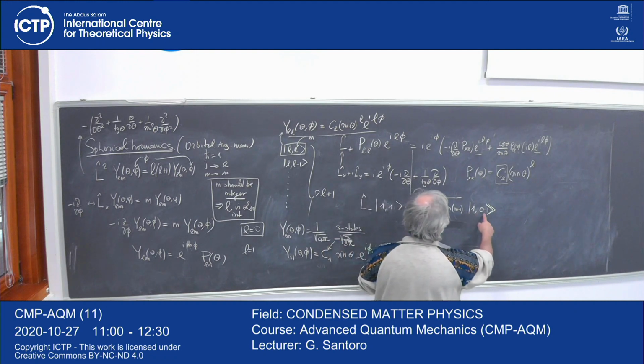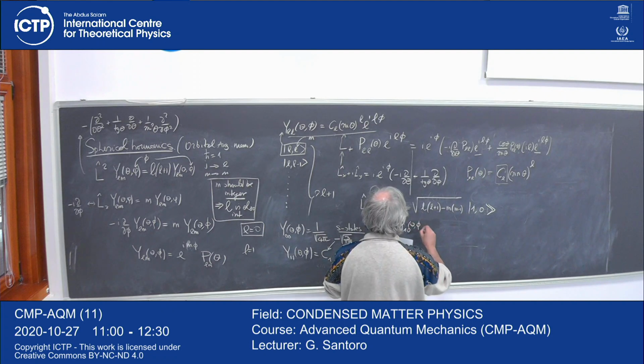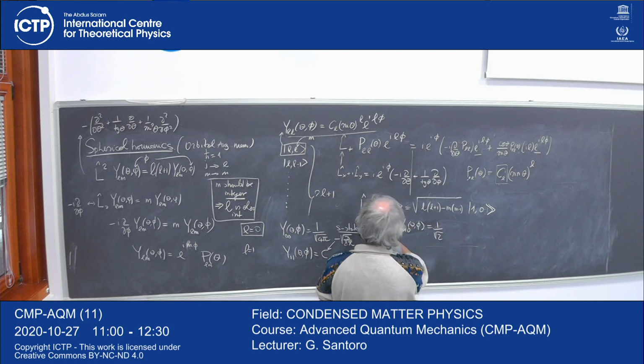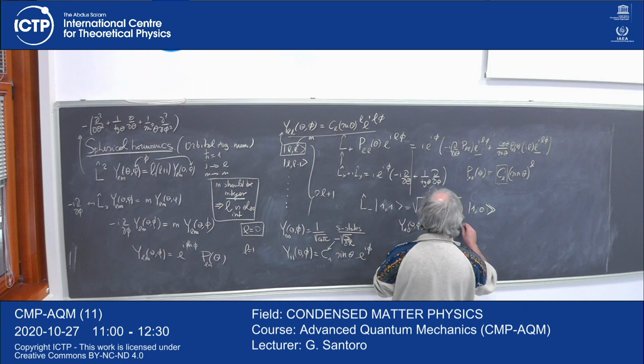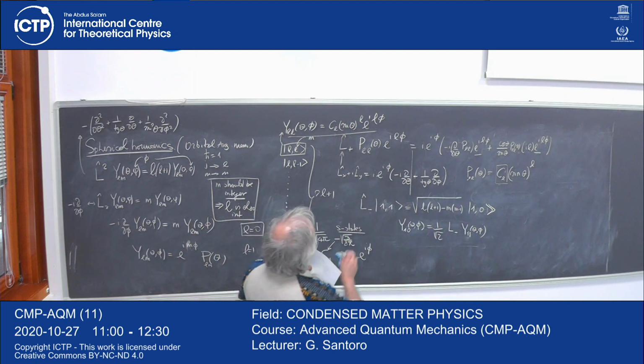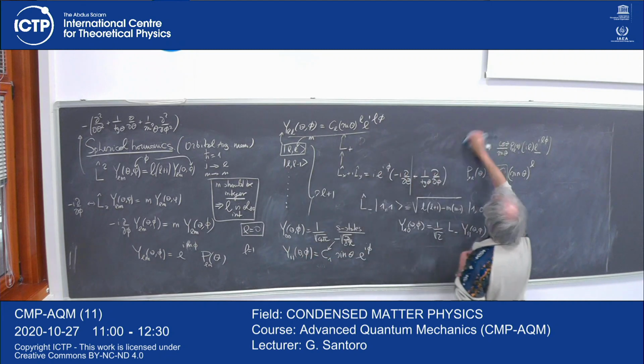So if I want the 1,0 state, so Y 1,0 of theta and phi, I have 1 over square root of 2 times L minus applied to Y 1,1 of theta and phi. Is it clear? Now, question, what is L minus? I gave you here L plus.